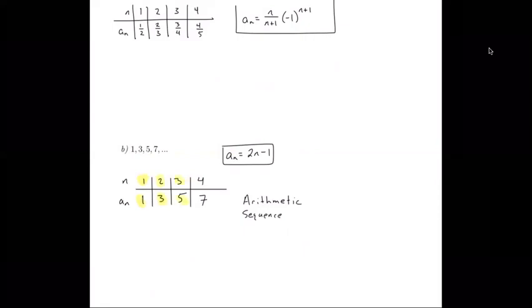It might be a little bit harder to spot this one, but if you look, you might realize that if we double each of these indices and then subtract 1 from their double, we get exactly these values here. 2 times 2 is 4, minus 1 is 3, 2 times 3 is 6, minus 1 is 5, 2 times 4 is 8, minus 1 is 7, and so on.